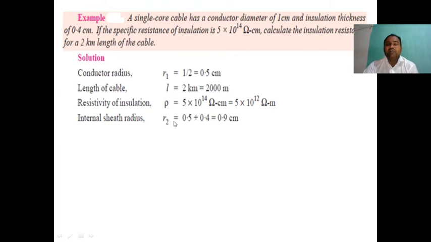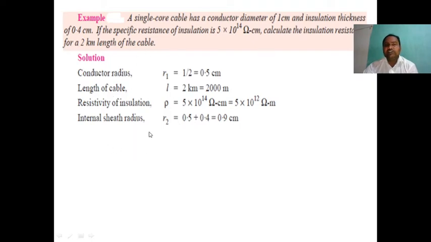The internal sheath, how can you find it? Already they gave the R1 value 0.5 centimeter and the insulation thickness 0.4. Definitely R2 becomes 0.5 plus 0.4, that becomes 0.9 centimeters. What is the formula for insulation resistance?